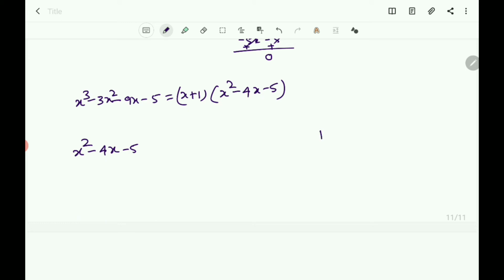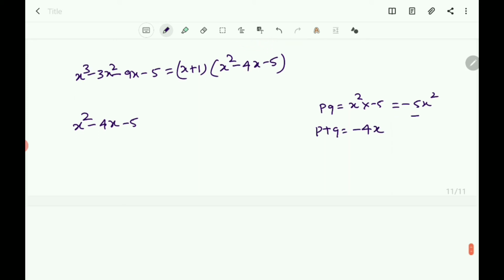And here the product PQ is equal to x square into minus 5, that is minus 5x square, and P plus Q is equal to minus 4x. Then you take the factors of minus 5, that is 1 into 5, only one pair. Here the product is negative, so the factors have different signs, and the sum is negative, meaning the greater factor has the minus sign and the smaller factor has the plus sign.